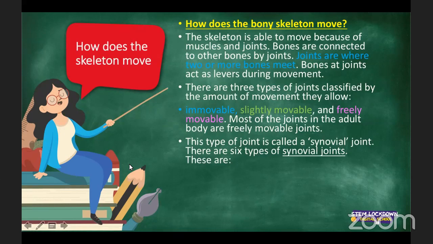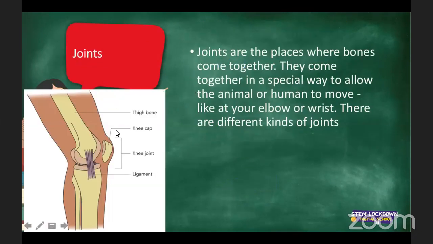This type of joint is called a synovial joint. There are 6 types of synovial joints. Then let's look at this joint here. Let's look at the picture first before we read these notes.